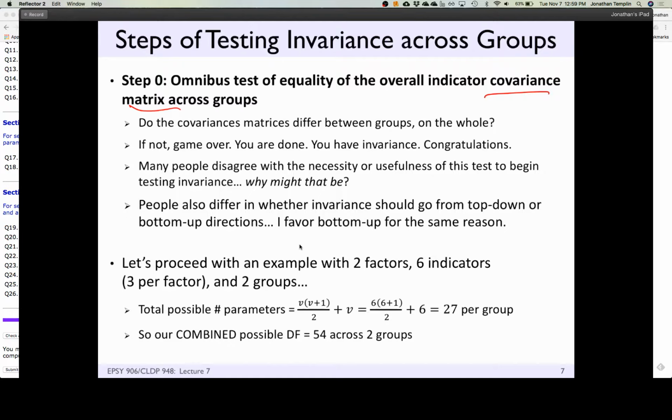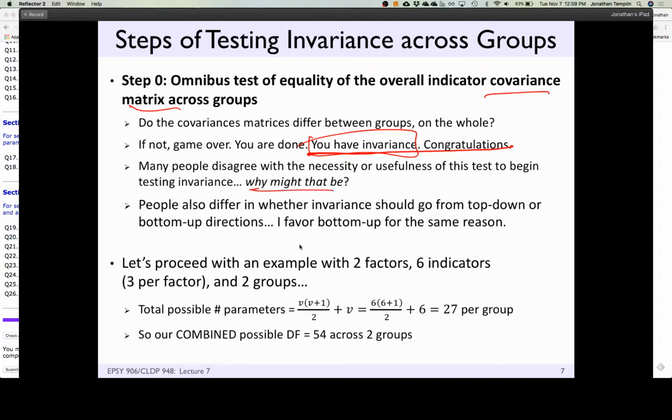Because that's a really easy test we can do. Do they differ between groups? If they don't differ, you have invariance. Hooray, you're done.